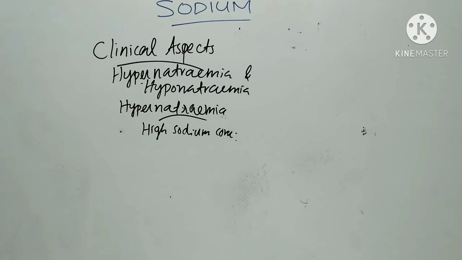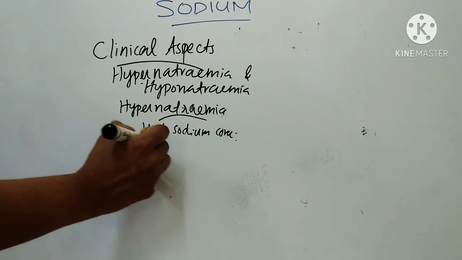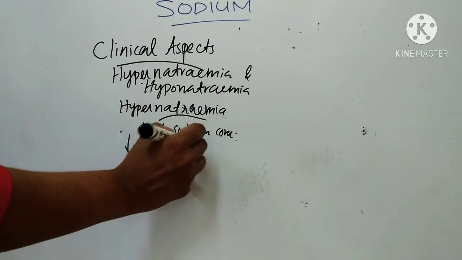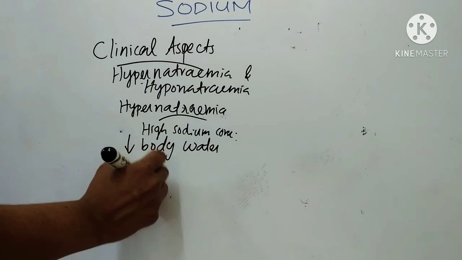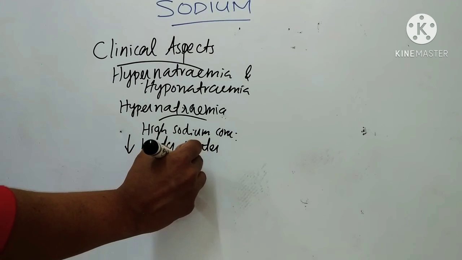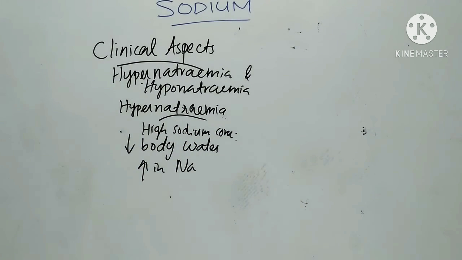So there is a decrease in body water and an increase in body sodium. That is hypernatremia. So let's see the conditions where this hypernatremia occurs.